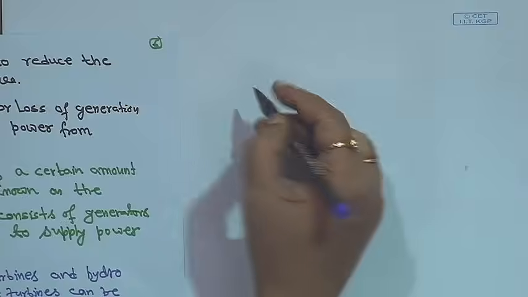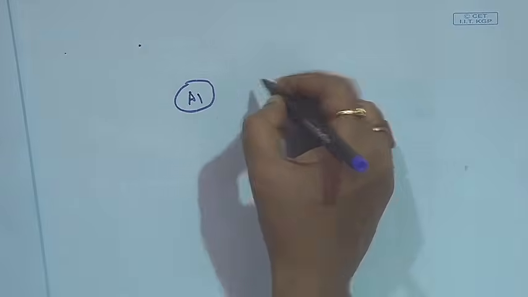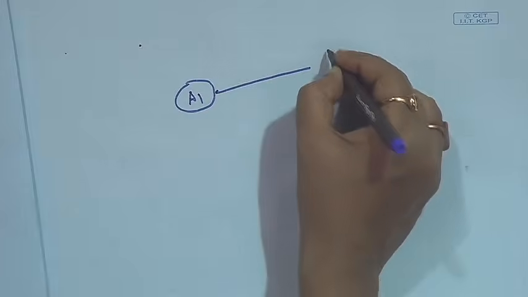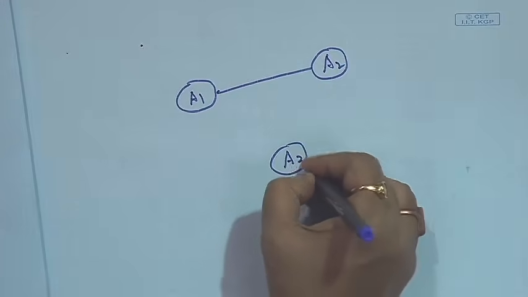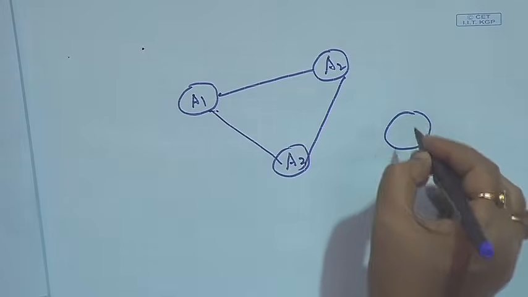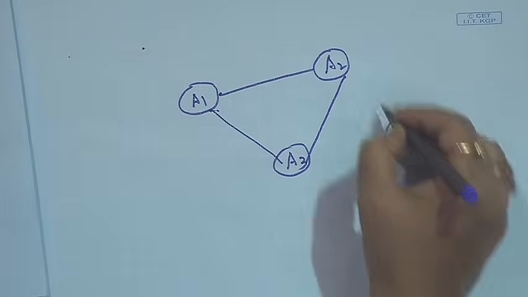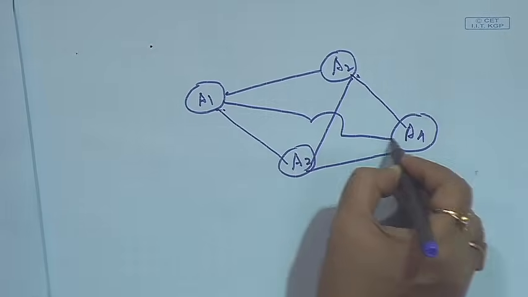For example, suppose this is one power system, say area 1. Suppose it is connected to another one, area 2. Suppose it is connected to another one, area 3. Suppose another one is there, say area 4, also connected.